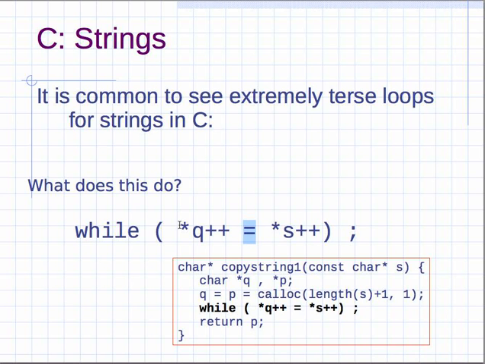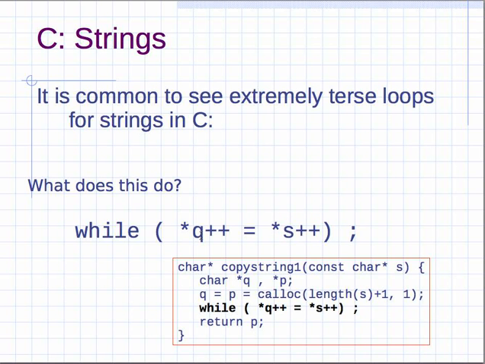This is saying whatever Q is pointing to, assign it to whatever S is pointing to, and then every time you access something, you post increment. Remember that the value of S++ is just S, and then we dereference it, so it tells us that S has to be a pointer, and we're doing pointer arithmetic at the same time.